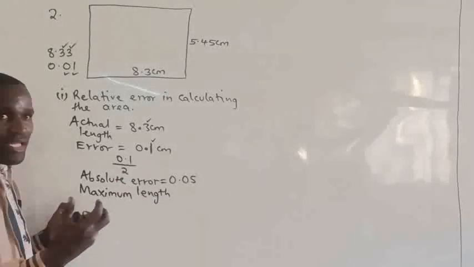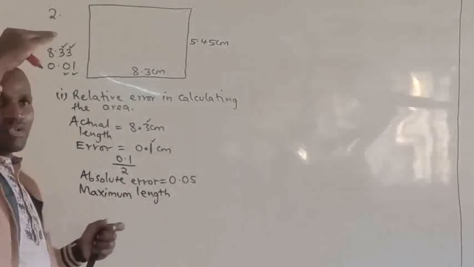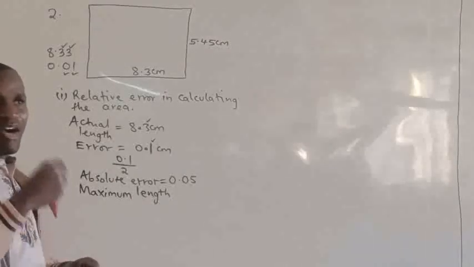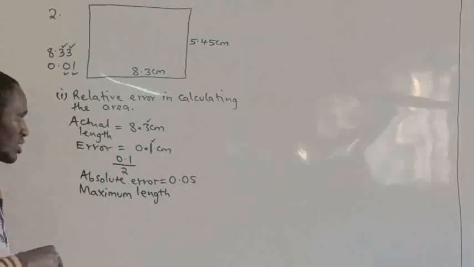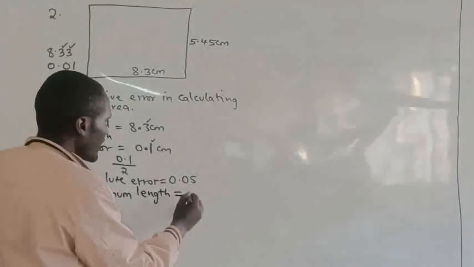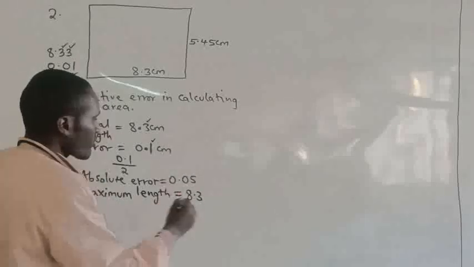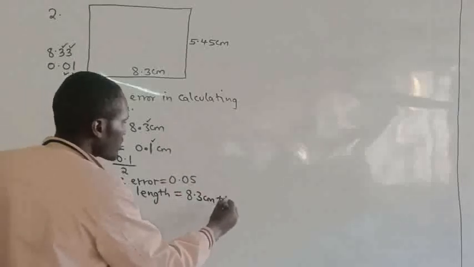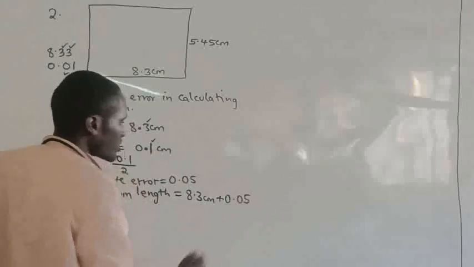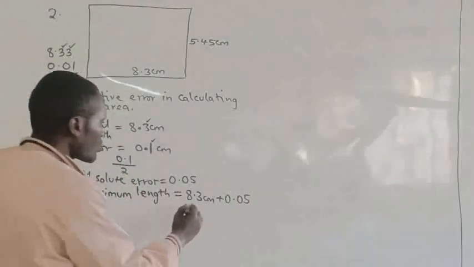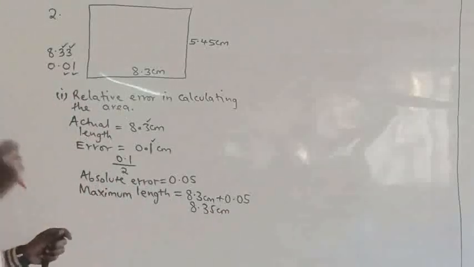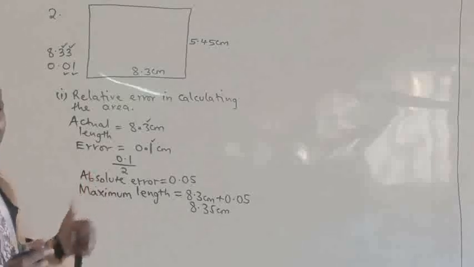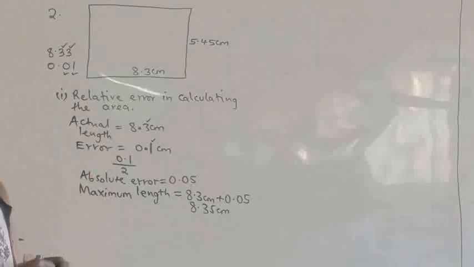Because if an error is made, then you can have a maximum value or a minimum value. I can either overestimate or underestimate or give the exact length. You get the point? So maximum length is going to be the actual length plus the absolute error that can get made in the measurement. So that translates into 8.35 centimeters. That is the maximum length that the one doing the measurement can get, in case any overestimation is made in the measurement of that length.